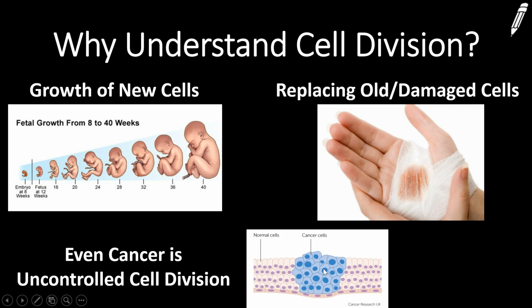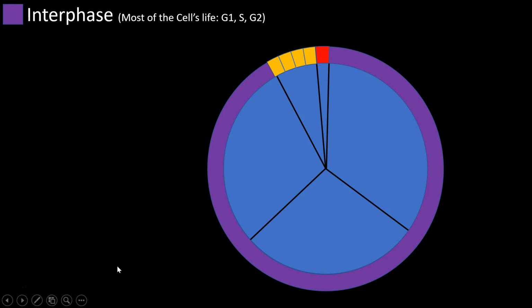So they form a cluster of cells called a tumor. That tumor could eventually steal nutrients from these nearby healthy cells and deprive them of nutrition, okay? So the three reasons why we study this: growth of new cells, replacing old or damaged cells, and cancer is a form of uncontrolled cell division.